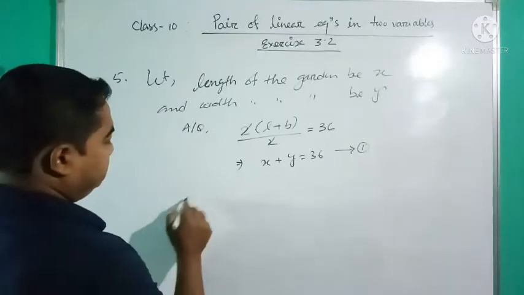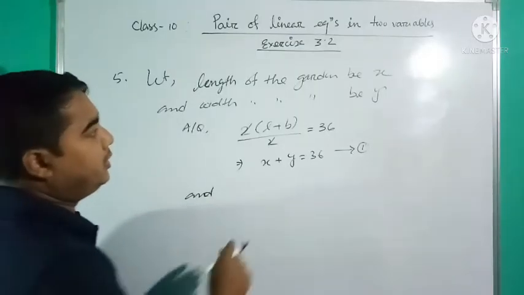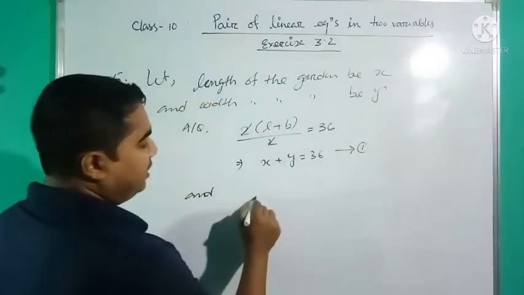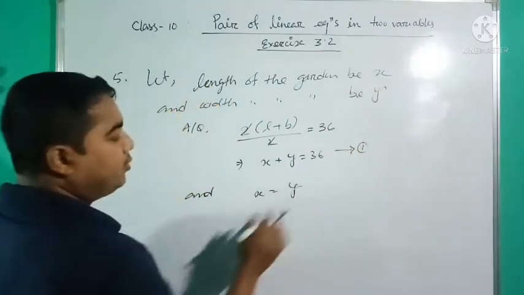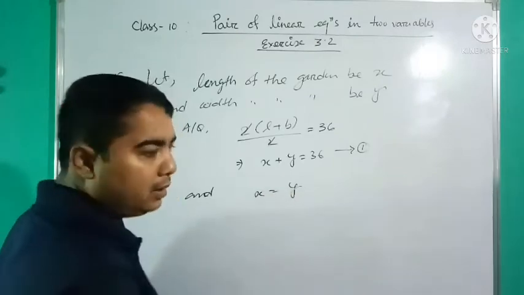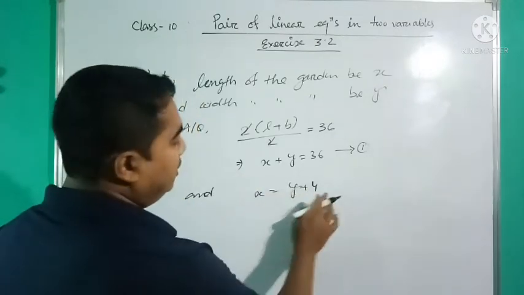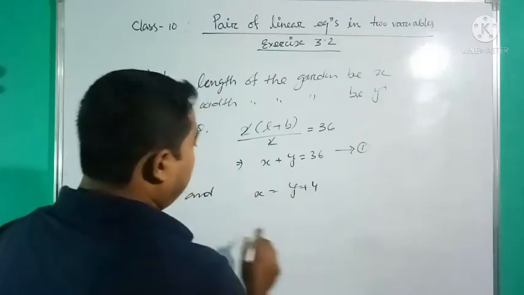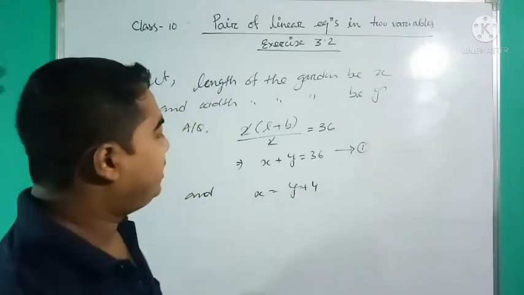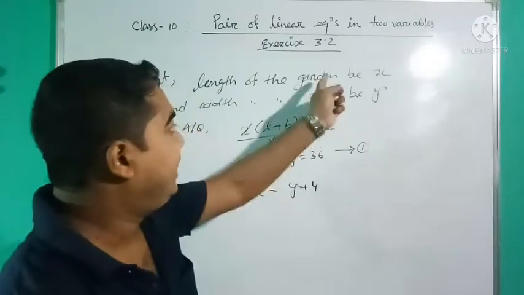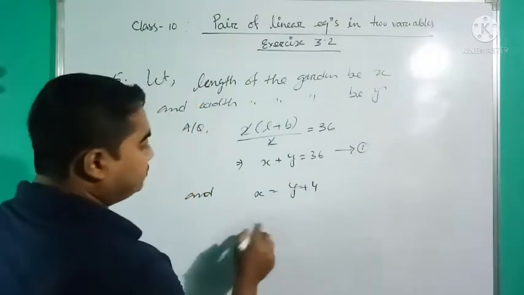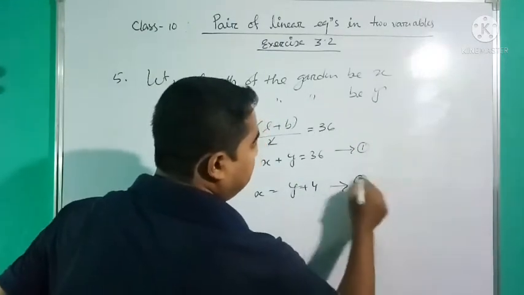And the second condition is length is 4 more than its breadth. At first, length and breadth are not equal, so add 4 to the breadth. Now they are equal. Next, we need to find the value of x and y, that means length and breadth. So this gives equation number 2: x equals y plus 4.